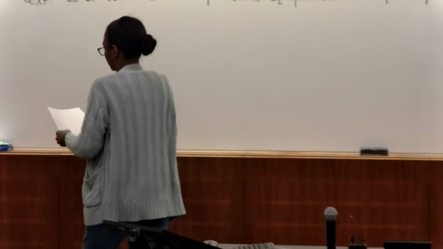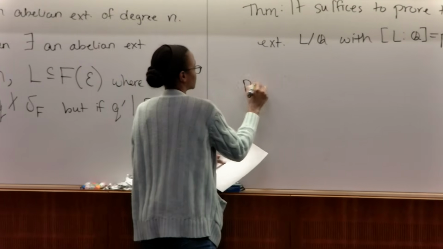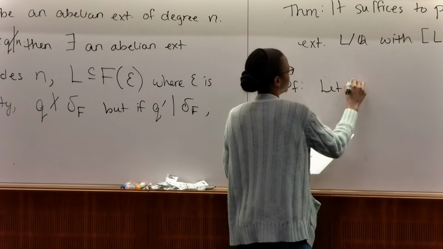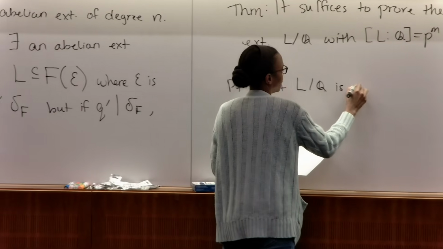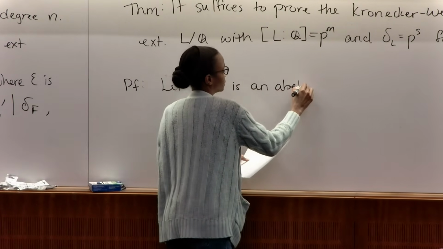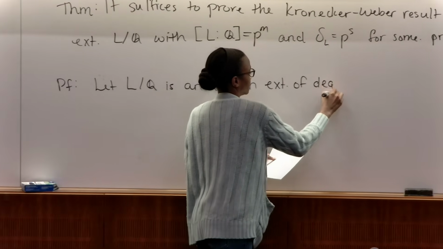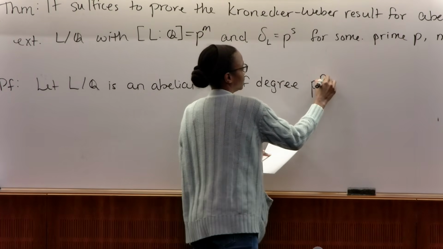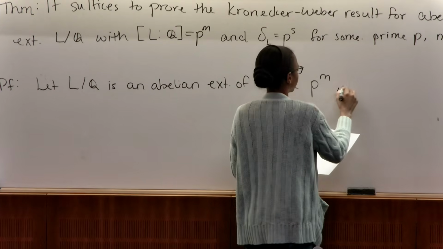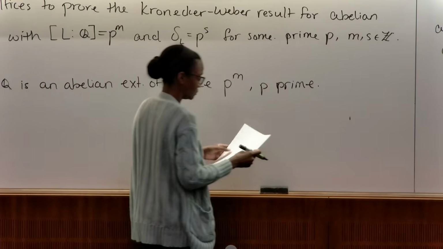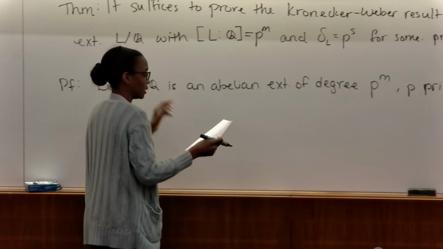Let's do our proof. So assume L over K is an Abelian extension of degree p to the m, where p is prime. Okay.